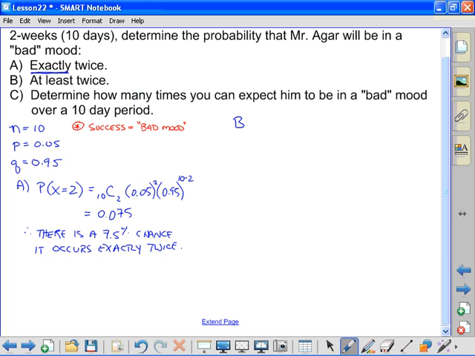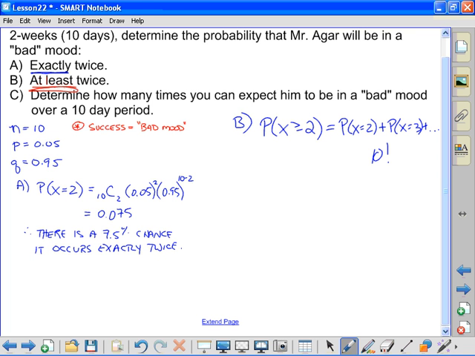B part, at least twice. Now you're thinking, oh no, here's the word at least. So one way to handle it, P of x at least twice would indicate it would be greater than or equal to 2, which means I would have to do 2 plus 3 plus all the way up to 10.